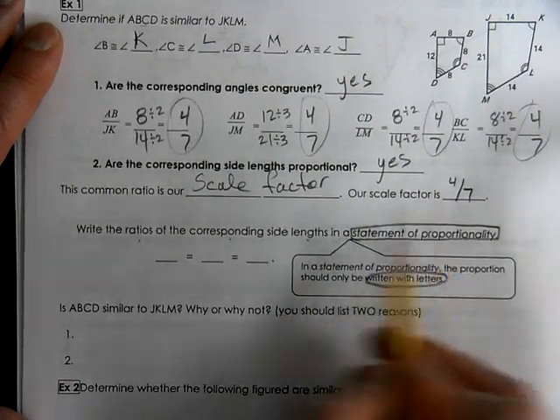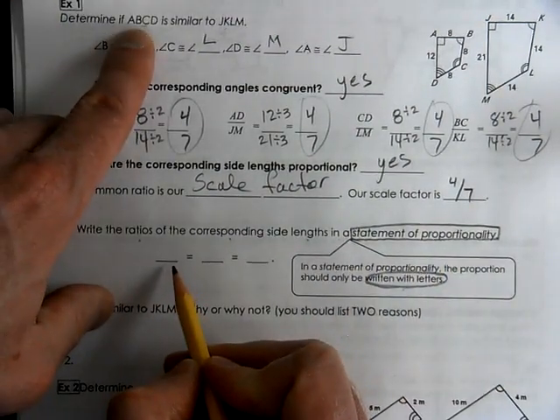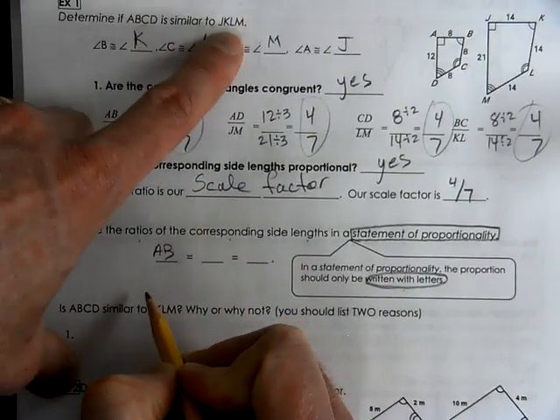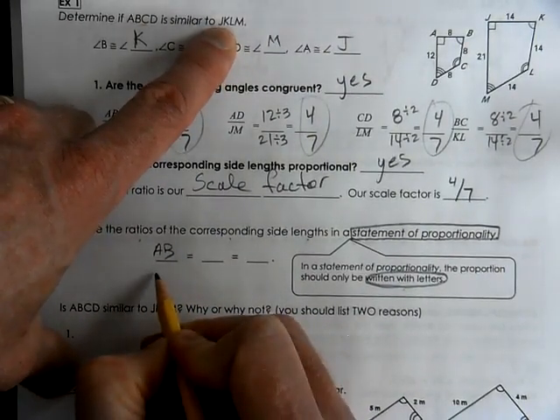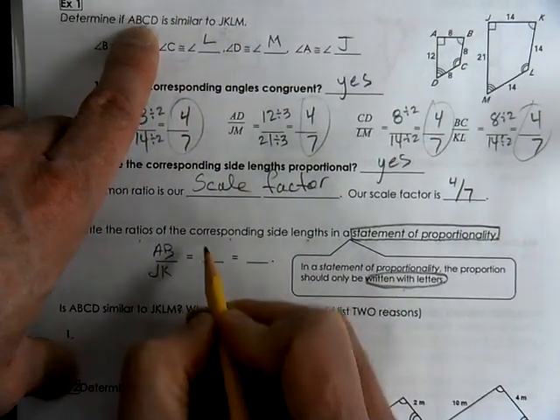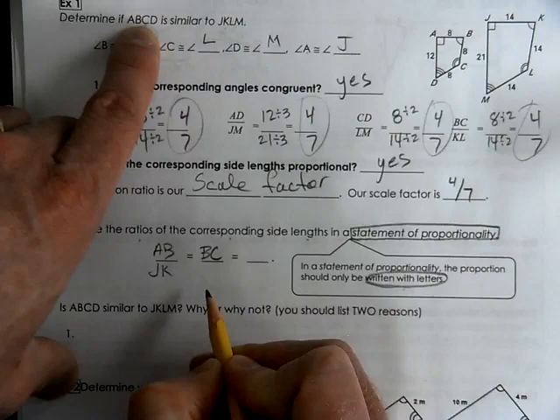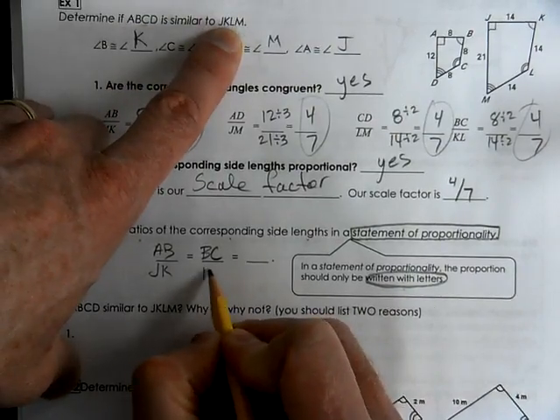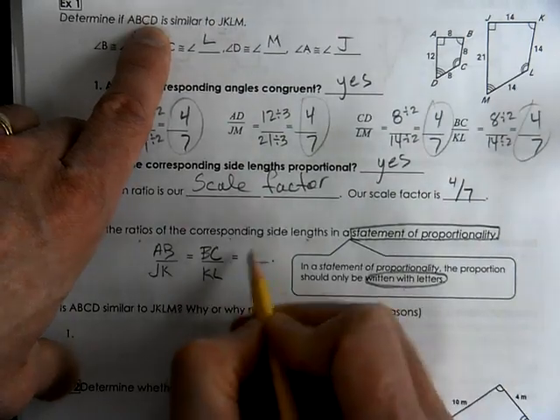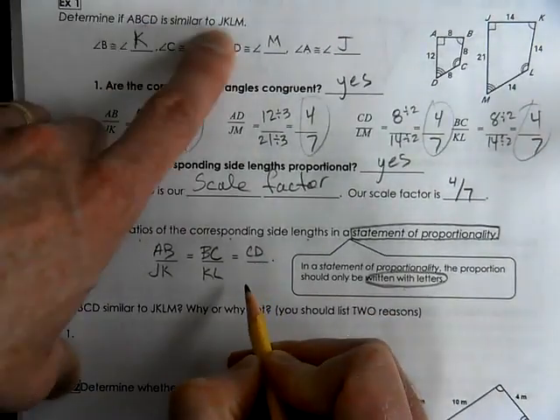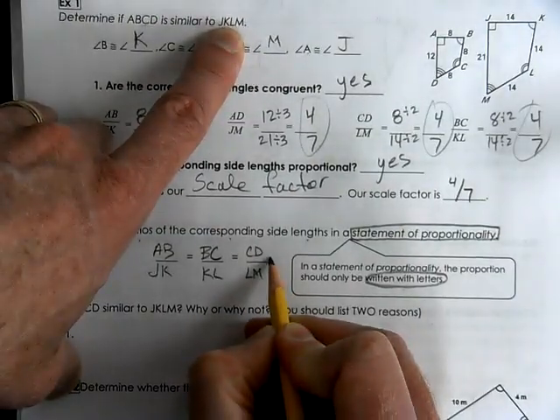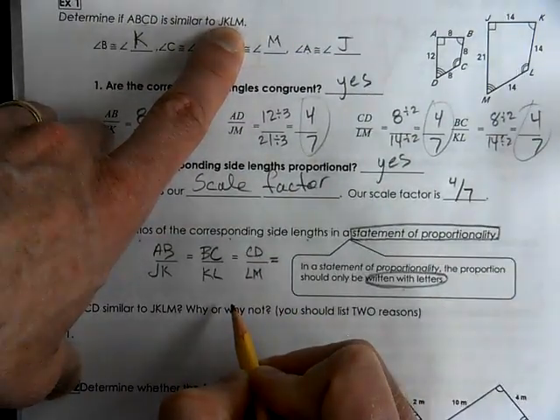A statement of proportionality would probably go with the first 2 letters, AB, over the first 2 letters, JK. The second 2 letters, BC, over the second 2 letters, KL. The last 2 letters, CD, over the last 2 letters, LM. We still have one more to do.